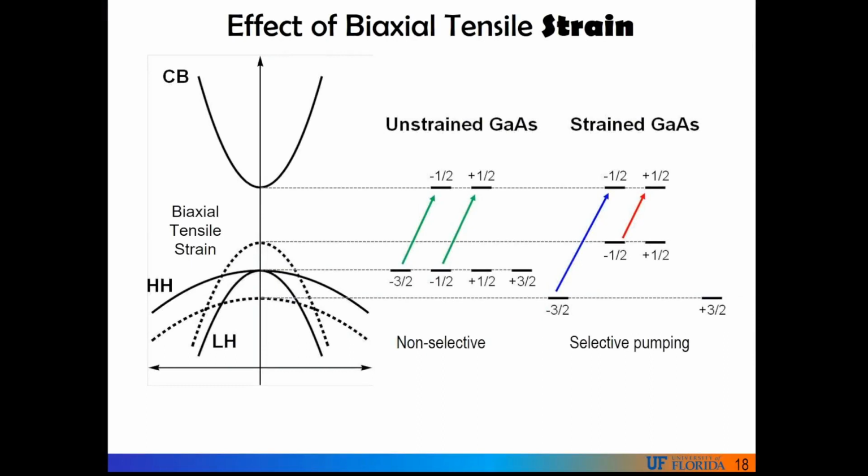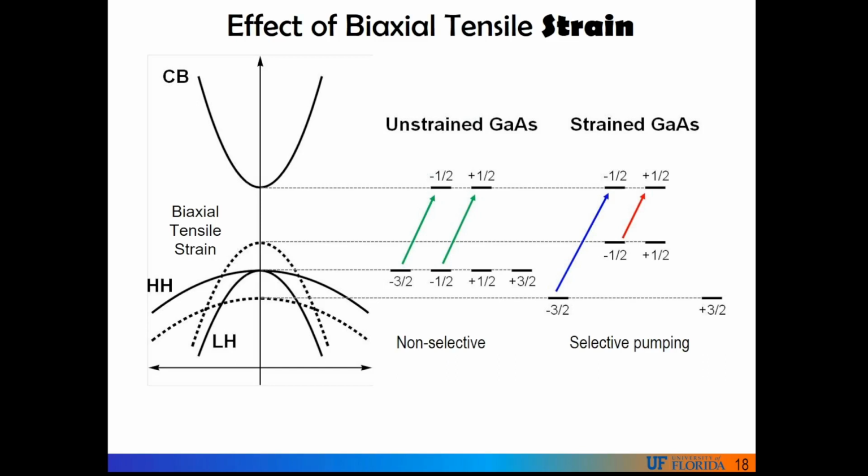Now I'd like to introduce the effects of strain. As most of you probably already know, biaxial tensile strain in gallium arsenide, with the strain tensor z-axis perpendicular to the plane of the sample, will shift the light holes up in energy and the heavy holes down.